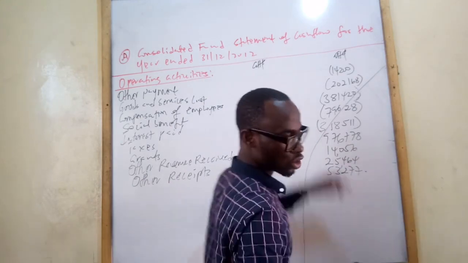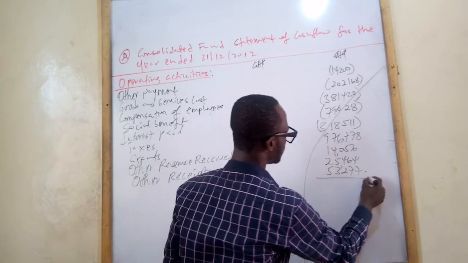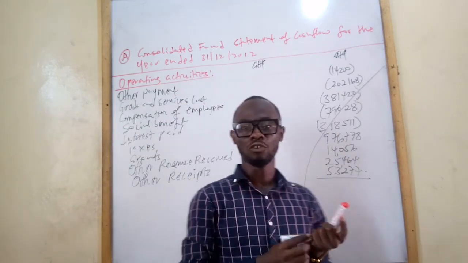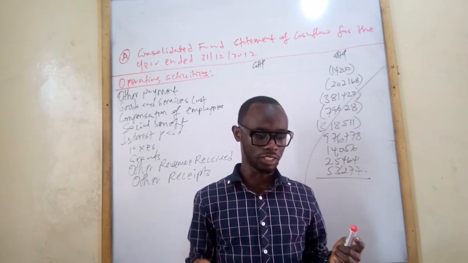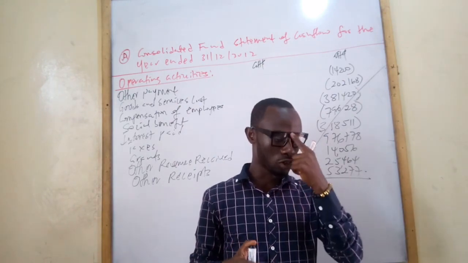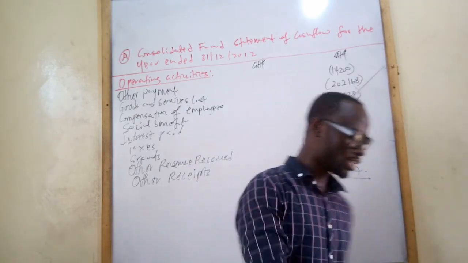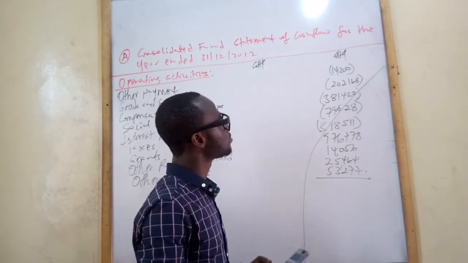So when we add all these, we're going to get the cash flow from what? Operating activities, right? When we add all these, we're going to get the cash flows from operating activities. So can we do that? Let me do that.